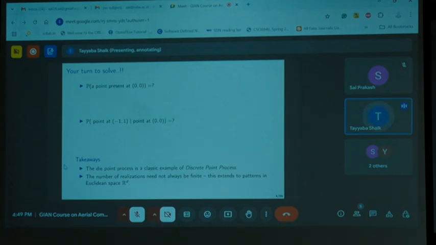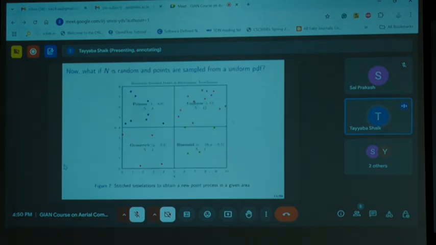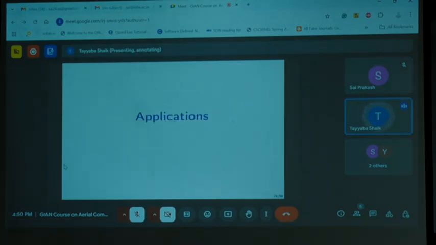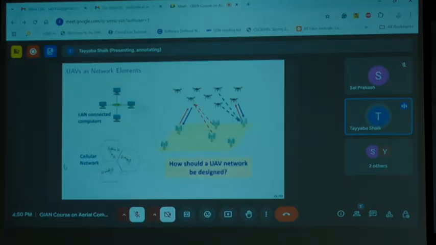Conditioned on a point at the origin, I'm asking you what is the probability that there is a point at (-1, 1). So a simple form of Slivniak's theorem is that this probability is equal to the probability that there is a point at (-1, 1). So the distribution is the same. That's the main gist of Slivniak's theorem. We will use that in the derivation. It's like your independence property in probability theory.